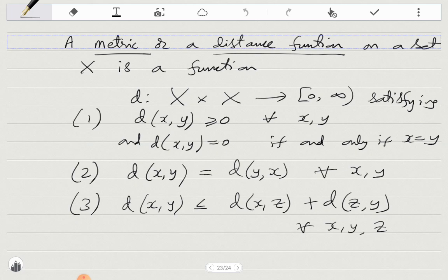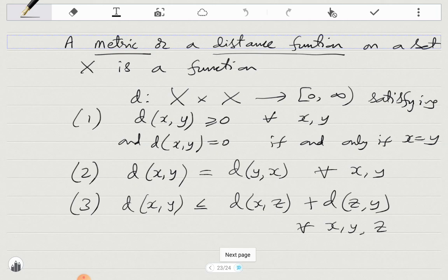The first property, d(x, y) greater than or equal to 0, is norm of x minus y greater than or equal to 0, and the norm is 0 if and only if the vector is 0, so that happens if and only if x equal to y. The second one is also quite straightforward: norm of x minus y is the same as norm of y minus x because of the scaling property of norm.